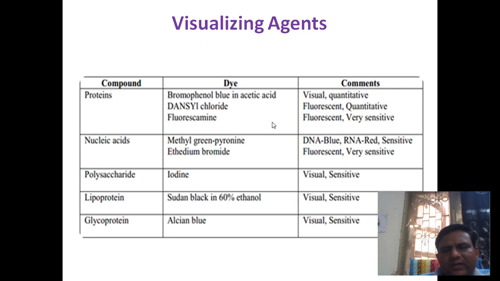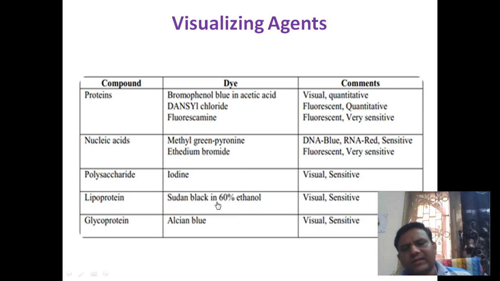Ethidium bromide is able to produce fluorescence, and by using the fluorescence mechanism we can visualize the nucleic acid. For polysaccharide there is iodine, which is also sensitive and we can observe it by our naked eye. For lipoprotein there is Sudan black in 60% ethyl alcohol. Then for glycoprotein we can use Alcian blue. So these are the different types of visualizing agents or staining agents.